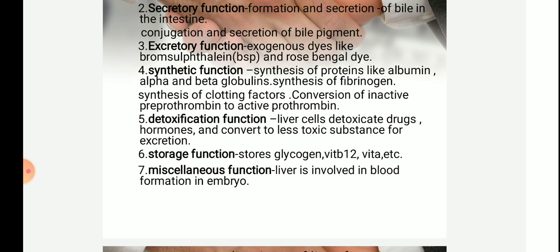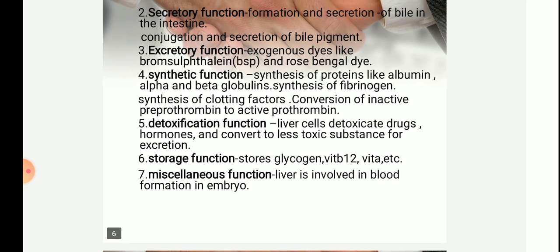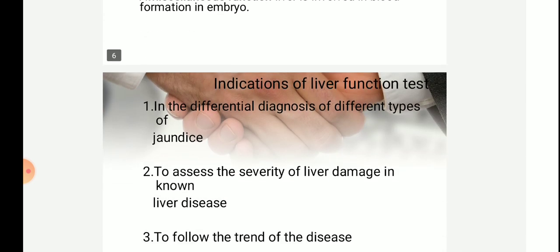Storage function: in various storage disorders there could be hepatomegaly, like glycogen, vitamin B12 storage, important vitamins. And miscellaneous functions: in blood formation in the embryo, extramedullary hematopoiesis can also take place in the liver in the earlier years of life.